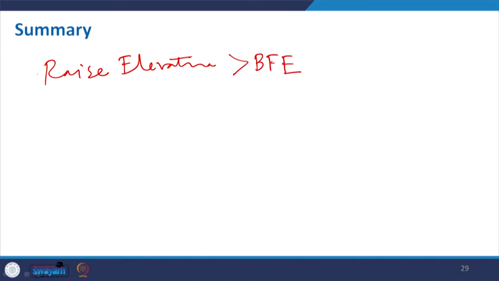One is to raise the elevation, is the technique. Okay, so where this elevation should be your base flood elevation, and like increasing the plinth, this is one.